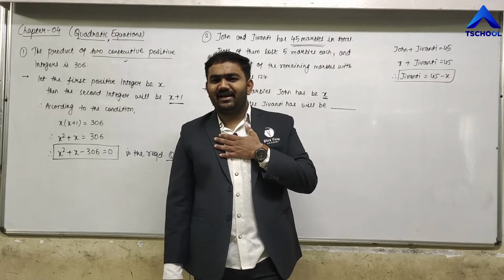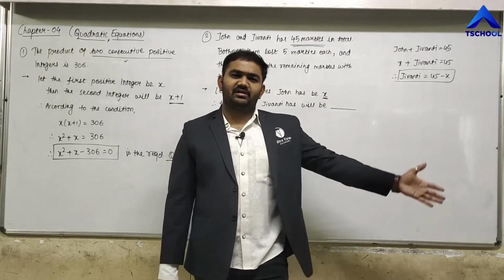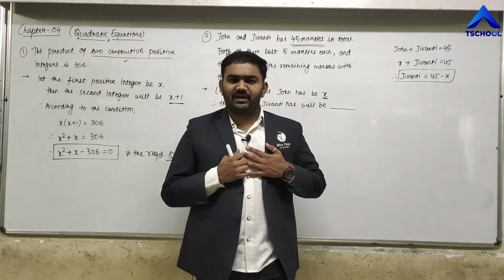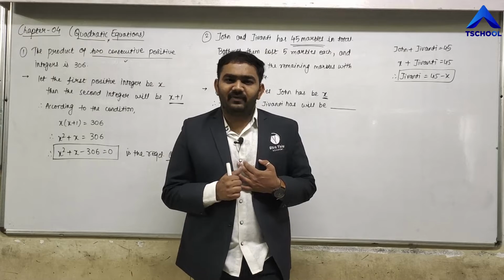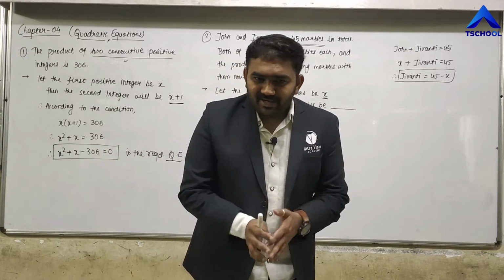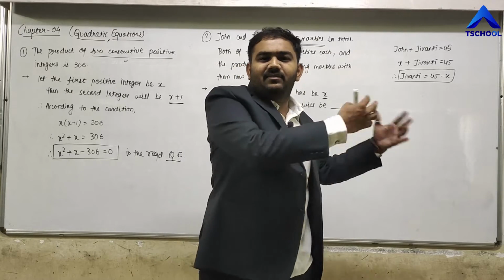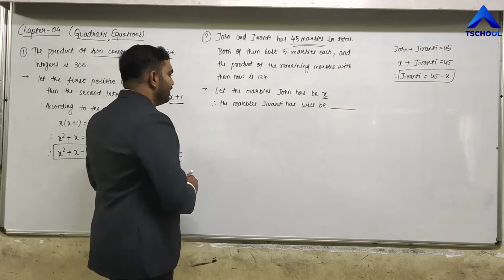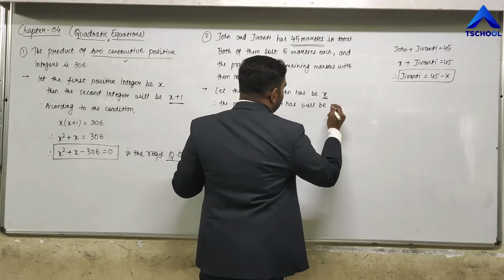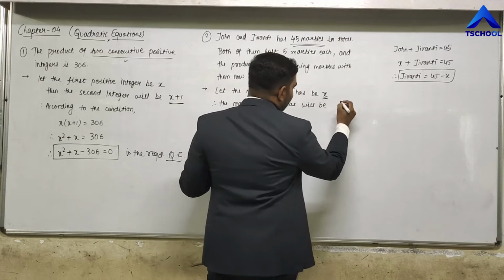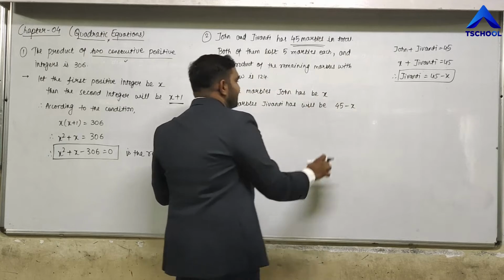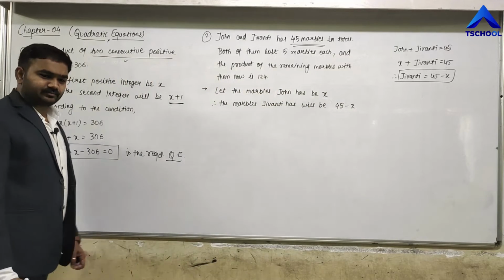I say that let my money be x, so the other one will obviously have 50 minus x. Whatever money I possess is subtracted from the total, and that equals the money the other one has. In the same way, the number of marbles Jivanti has will be 45 minus x. So this is the original condition.